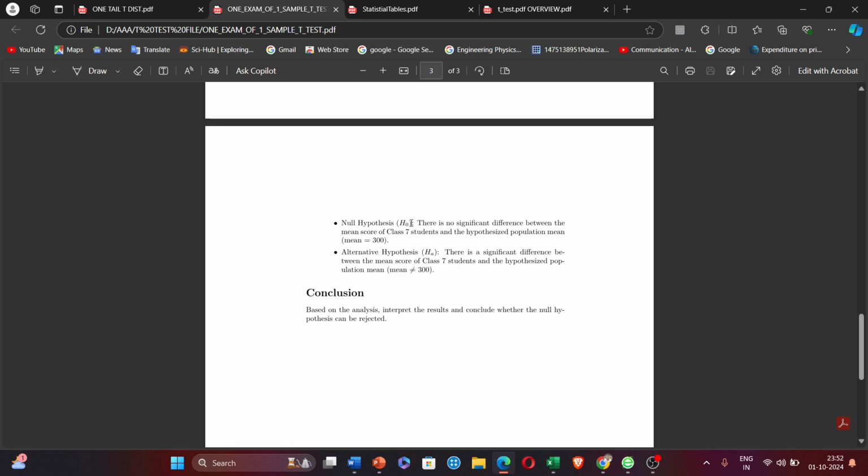We formulate the null hypothesis this way: there is no significant difference between the mean score of class 7 students and the hypothesized population mean. In the null hypothesis we use no significant difference, but in the alternative hypothesis there is a significant difference, either the sample score or the hypothesized population mean may be higher, or vice versa.